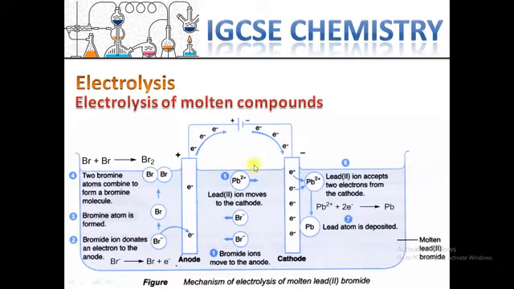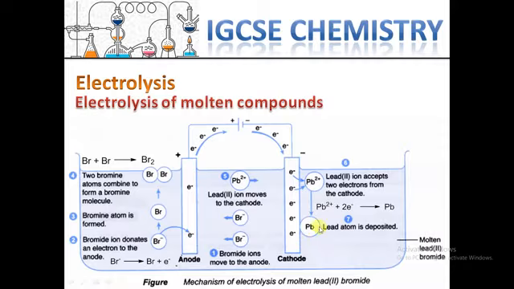Okay, the positively charged cation can be attracted to the cathode side in electrolysis, because it has a positive charge and there are lots of electrons on the cathode, so it can receive electrons. So the lead Pb2 plus cation has two positive charges, so it can receive two electrons from the cathode. So it will be changed to the atomic form.